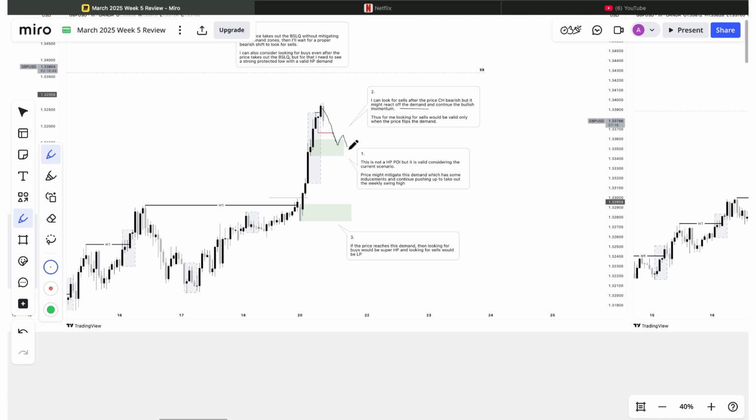Only if this flips does it become much higher probability for me to look for sales. This is not a high probability POI, but it has got some inducements and it may be reacting off something from the left, but I'm not sure. A POI with inducement is almost a high probability POI.